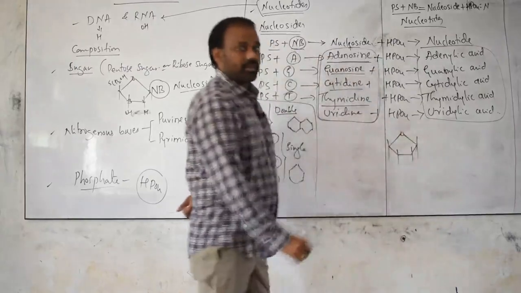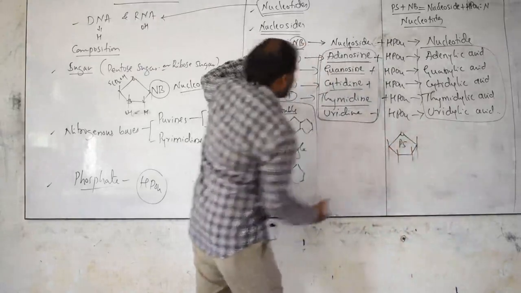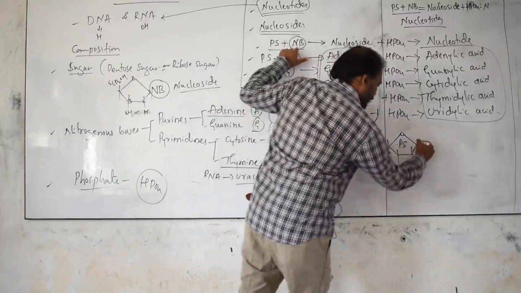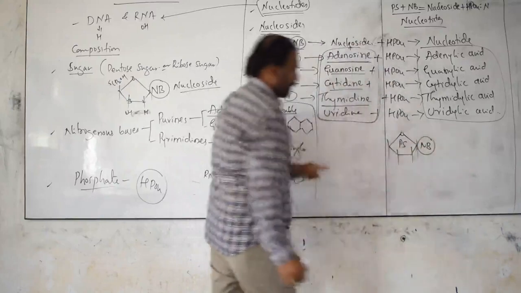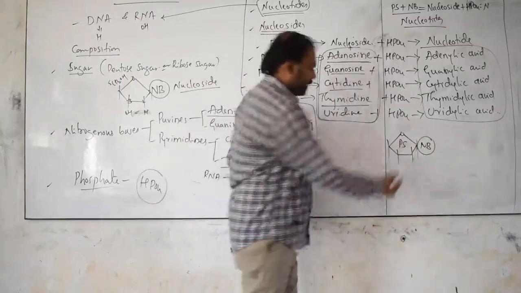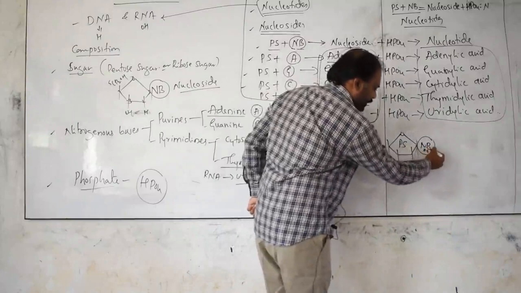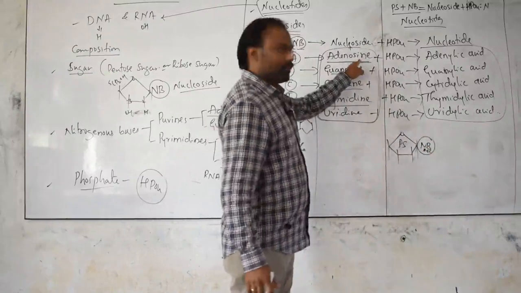First one, pentose sugar. I can write here pentose sugar plus any one of the nitrogenous base. Now the structure becomes nucleoside. Clear? So here instead of nitrogenous base you can write adenine, guanine, cytosine, thymine, whatever. It will become adenosine.